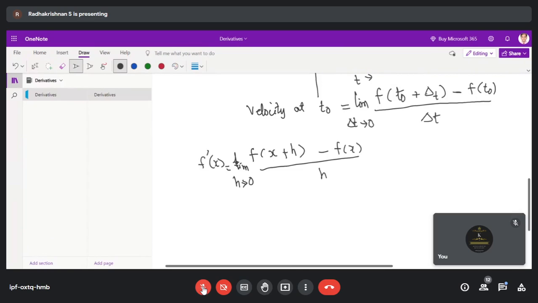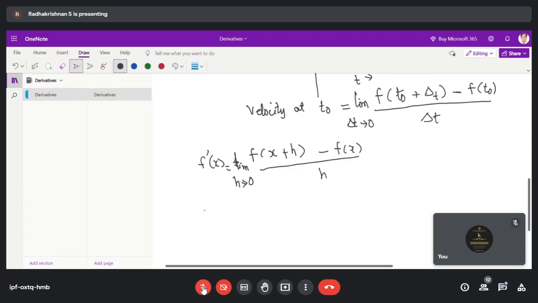If we want to find the derivative at any particular point x0, we can use this formula: f of x0 plus h minus f of x0, divided by h.